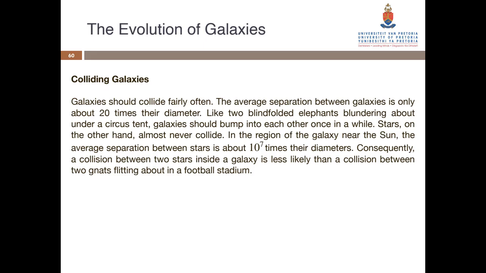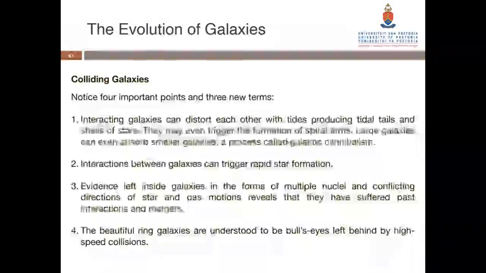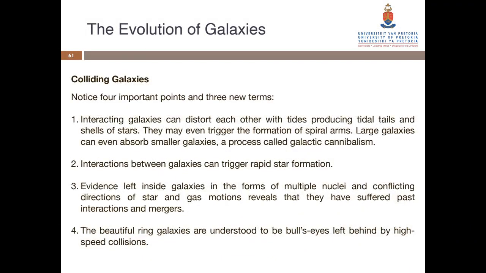Three, evidence left inside galaxies in the form of multiple nuclei and conflicting directions of stars and gas motions reveals that they have suffered past interactions and mergers. And then lastly, the beautiful ring galaxies are understood to be bullseyes left behind from high-speed collisions.